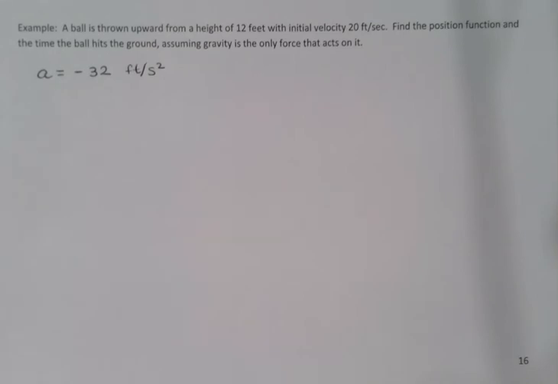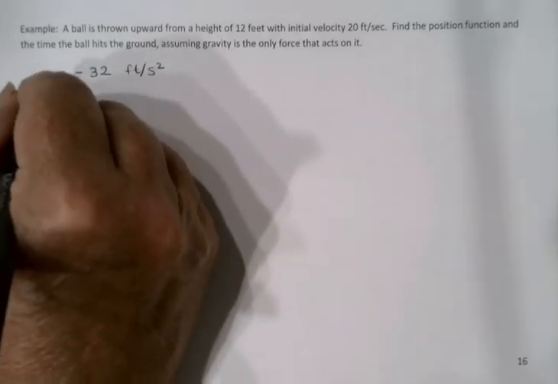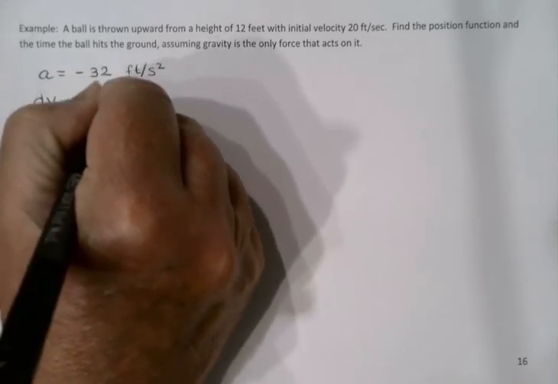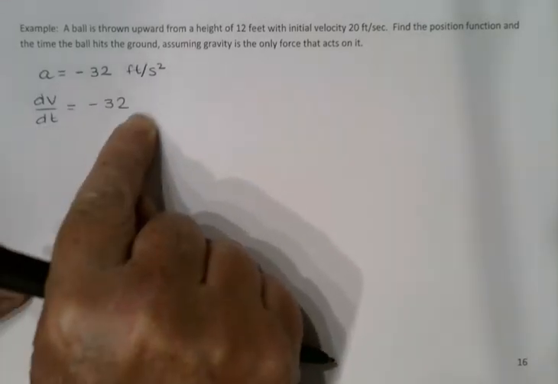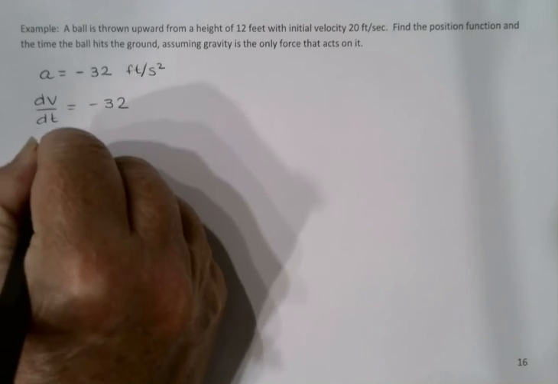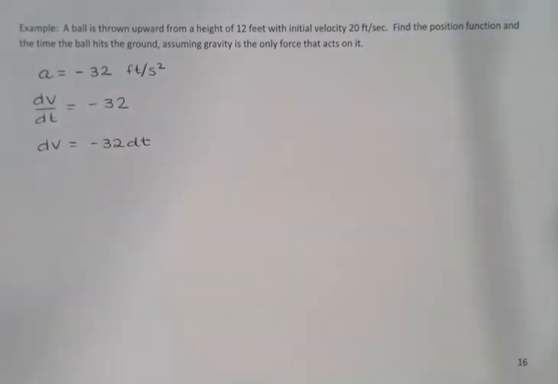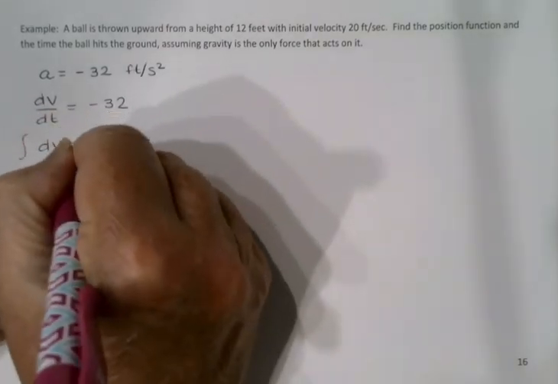All right. Acceleration is already the derivative of velocity, so this means that dv/dt is negative 32, and I've now turned my acceleration statement into a differential equation. Let's do what we did before. I'm going to bring the dt to the other side, and then solve this differential equation by taking the antiderivative on both sides.